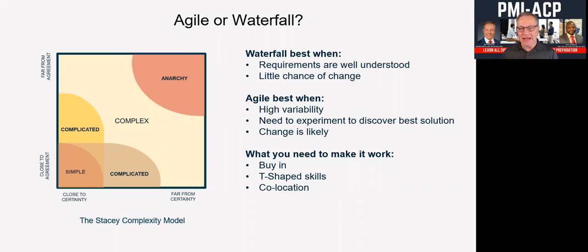Now, as we move out a little bit, it becomes a little more complicated. There's an amount of uncertainty, maybe some disagreements because of that uncertainty. So now we're getting into that complicated space. Now, the waterfall, traditional predictive approaches tend to work really well in the complicated to simple domains.